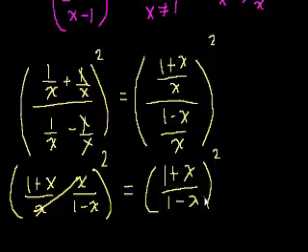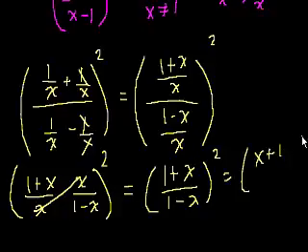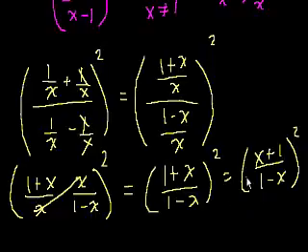Which is the same thing as x plus 1 over 1 minus x squared. And let's see, that's not one of the choices.